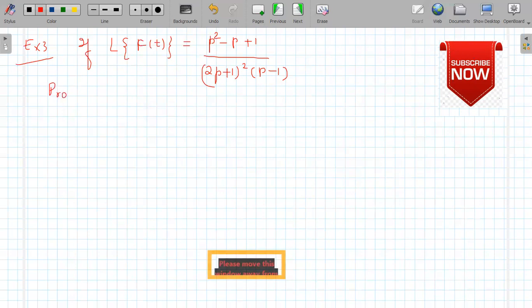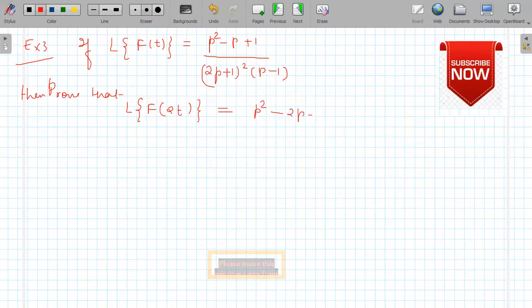We have to prove that Laplace transform of f of 2t is p square minus 2p plus 4 whole divided by 4p plus 1 whole square into p minus 2.